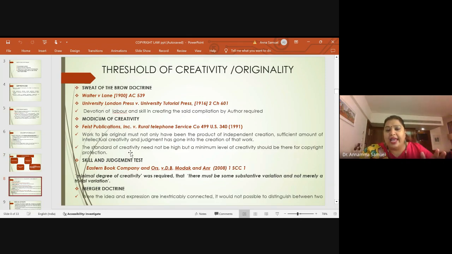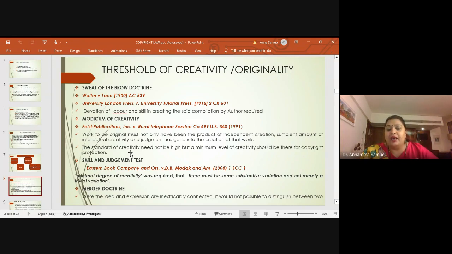Now, when you analyze the threshold of creativity or originality, earlier the courts always used to look at only the intellectual skill and judgment which is being invested by the author. Later, the judgments gave more importance to the modicum of creativity. That means there should be a creativity standard also in order to prove the originality of the work.